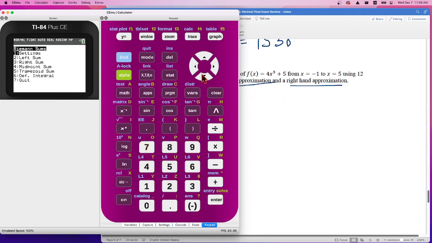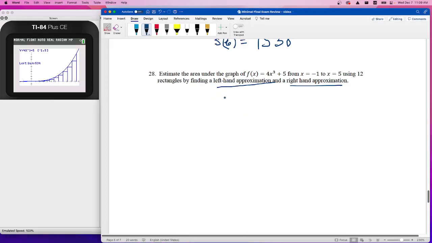And we want our left hand. That's the first thing they ask for, left sum. Now it draws all the rectangles, and we can see we're getting left-handed ones. So the left hand has a sum of 534. Now, if this was multiple choice, this is all we have to do.